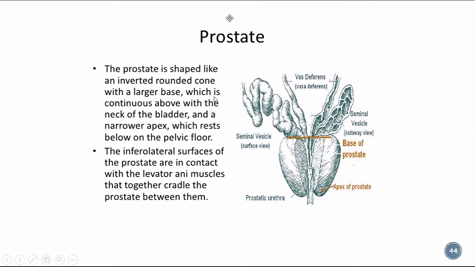The larger base is continuous with the neck of the bladder, and the narrow apex rests on the pelvic floor. The inferolateral surfaces of the prostate are in contact with the levator ani muscles. These muscles cradle the prostate between them. Base, apex.